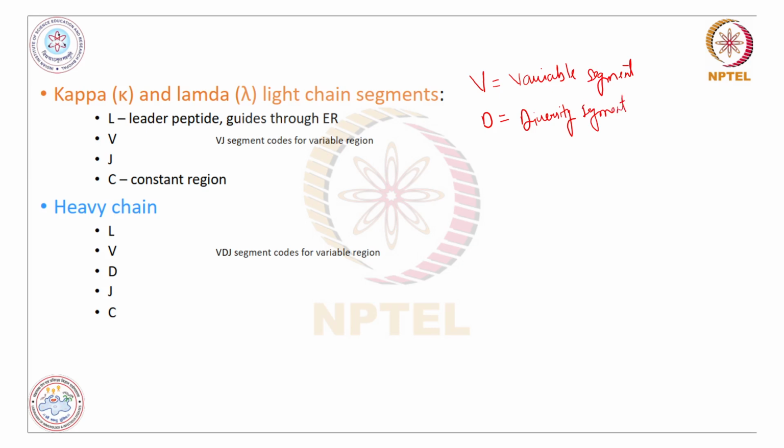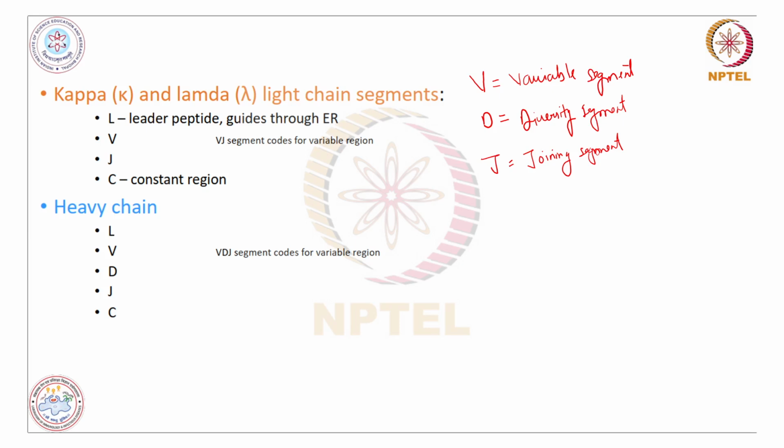V stands for variable segment, D stands for diversity segment, J stands for joining segment or region, you can say it anything. So it happens in the bone marrow during early B cell development.